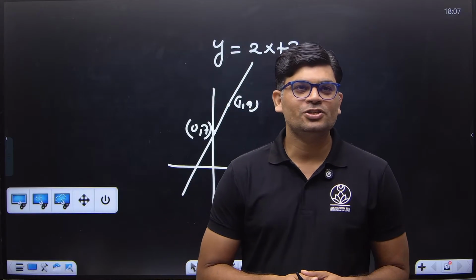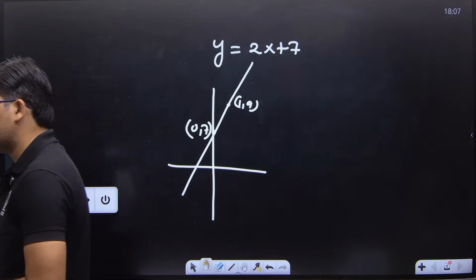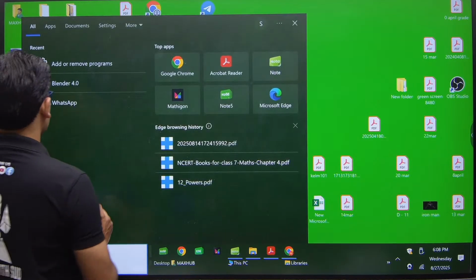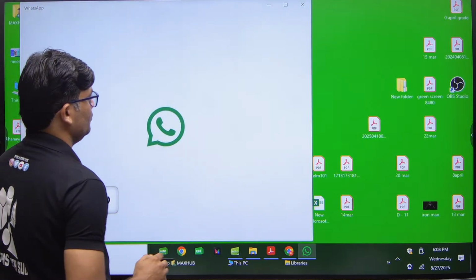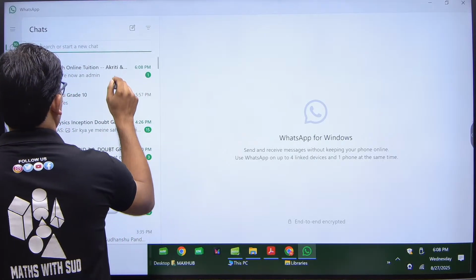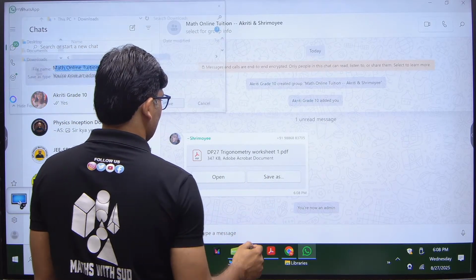And in the group, please, Shrimoy, send it so that we can have a look at it. How do I make it? Please send the worksheet. Yes, sir. I made you admin.